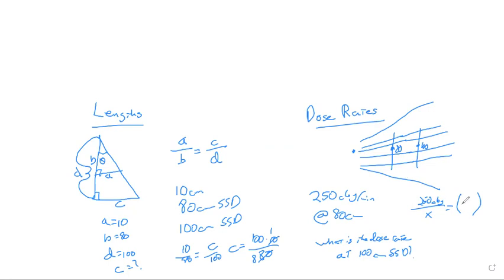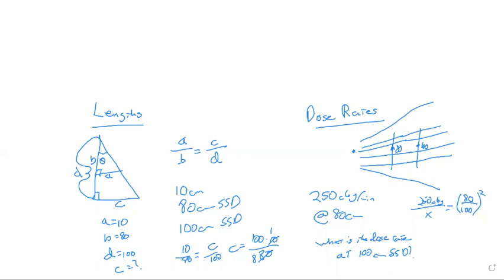Rather, we need something that tells us that the dose rate here is going to be smaller than what it is here, because that's what we observe. So in order for it to be smaller, rather than say 100 over 80, we're going to have 80 over 100, because it works according to the inverse square law. Whatever's here to whatever's here is going to be flipped around. In other words, we need to have a lower dose rate here.